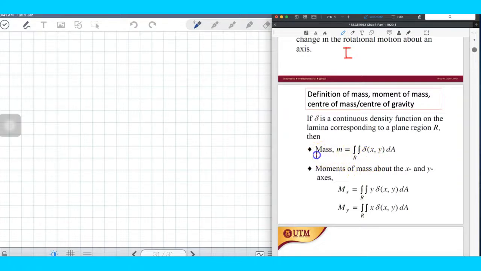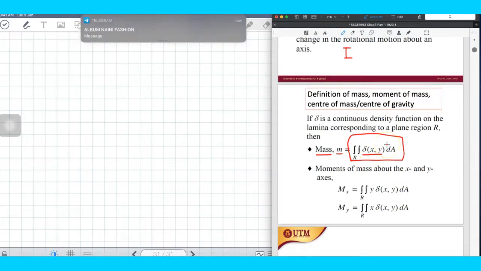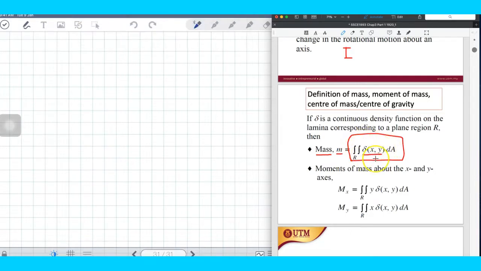To compute the mass, given by the small m, the formula is a double integral, and the integrand is actually your density function. You have to understand the terminologies used so that you can substitute into the formula.